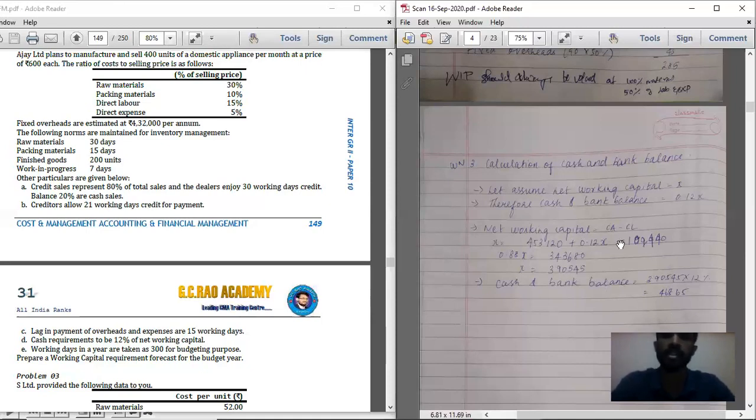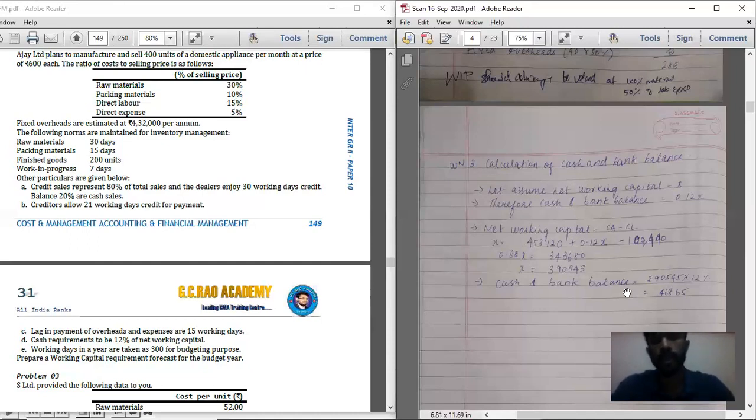This is how we should calculate net working capital and cash and bank balance if they have given this point number D. So remember this point number D, and if this adjustment has been provided, you should calculate cash and bank balance and net working capital using this working note number 3. Point number 1 is we should assume net working capital as X, and point number 2 is how much percentage of net working capital is cash and bank balance.